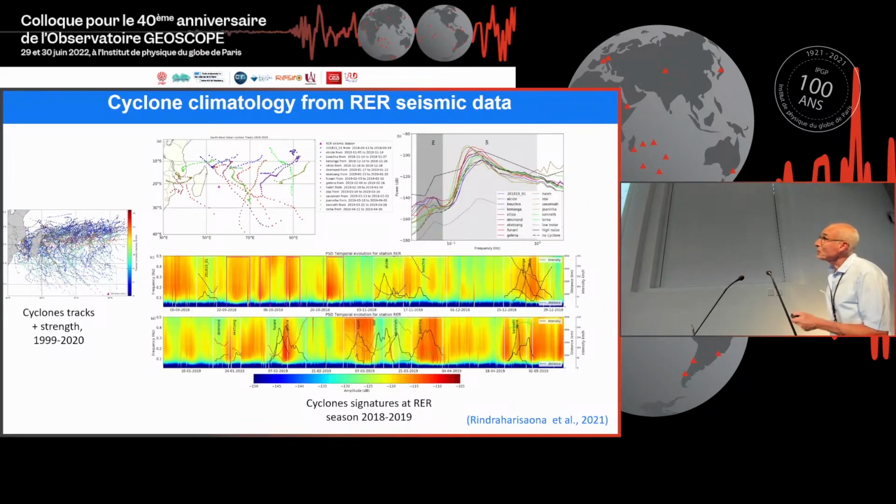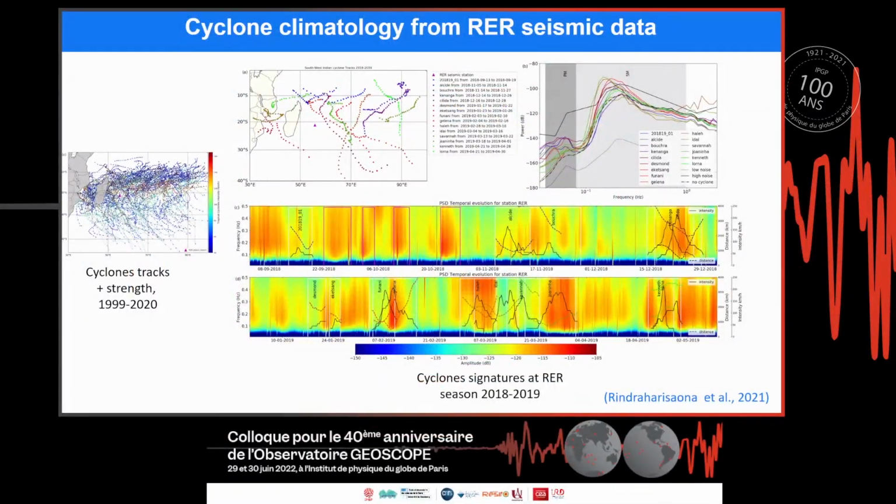We also use the station in La Réunion to make some environmental analysis, and here is an example of cyclone climatology from the RER station. The Southwest Indian Ocean is quite an active area for cyclones, and here is just an example of the 2018-19 season as seen by the station RER, with the number of cyclones crossing this area.